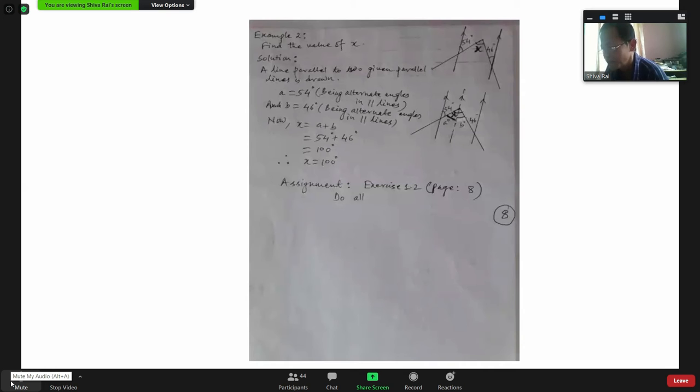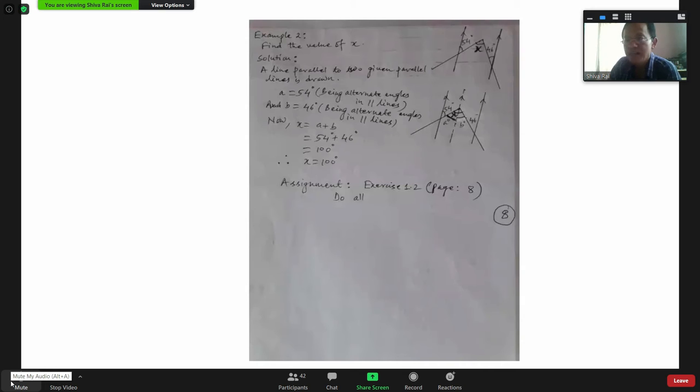In number 1, in the figure, two straight lines are intersected by a transversal. List the pair of following angles. Now, pair of angles, you look here.